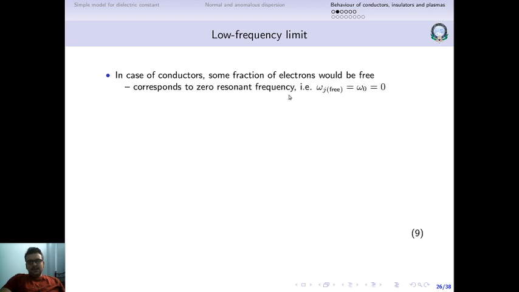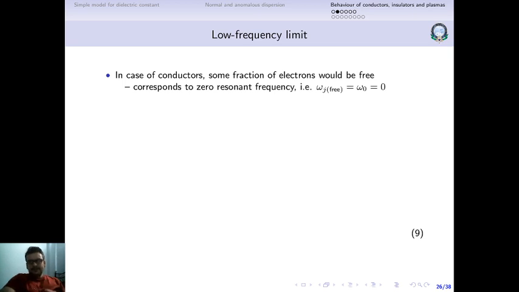A free electron does not oscillate. Only bound electrons will oscillate, because if something is bound and you give it some kind of stimulus, it is going to try to come back to its equilibrium state. That's how you get oscillations. But if something is not bound, that is, it is free, then it is not going to oscillate.